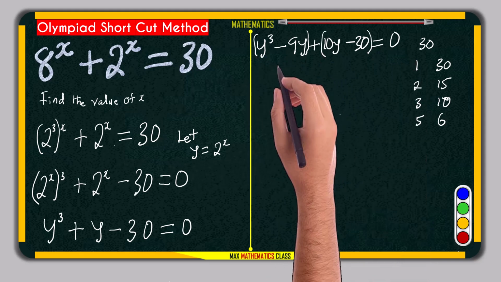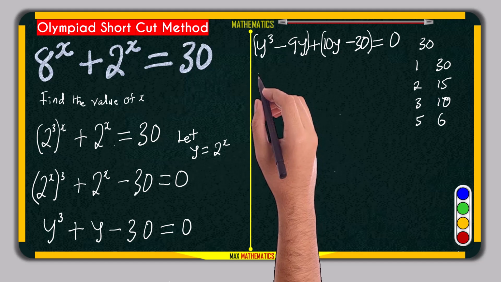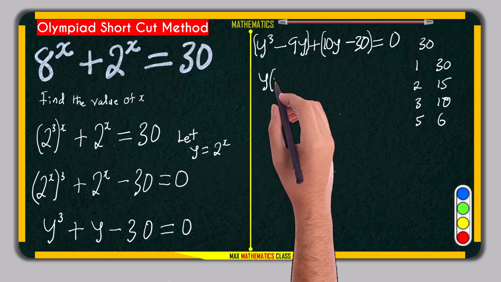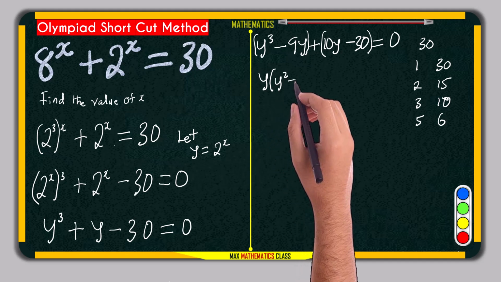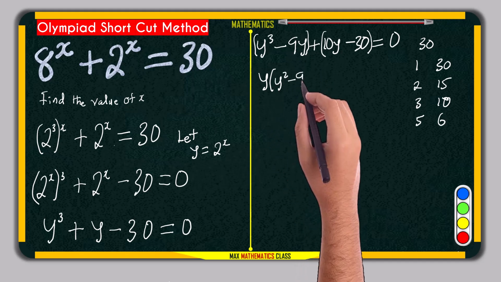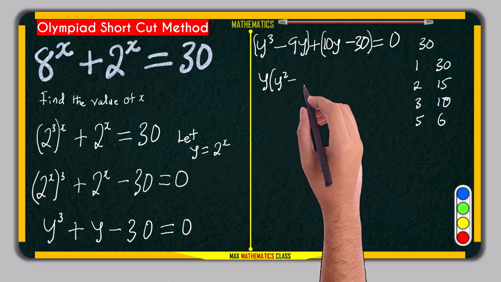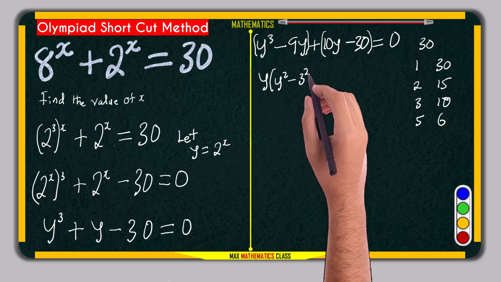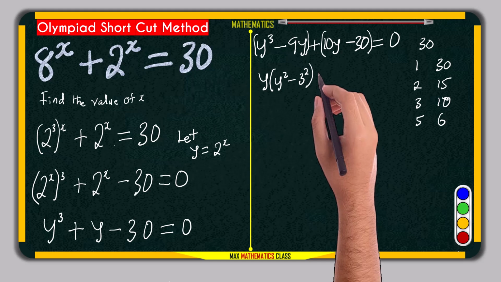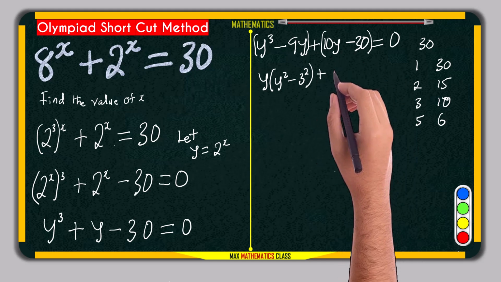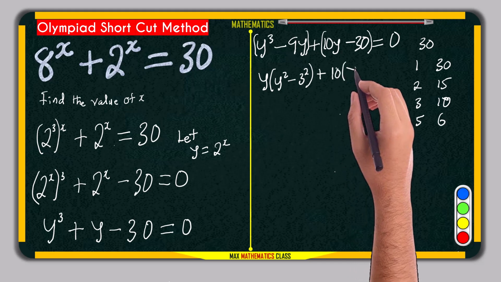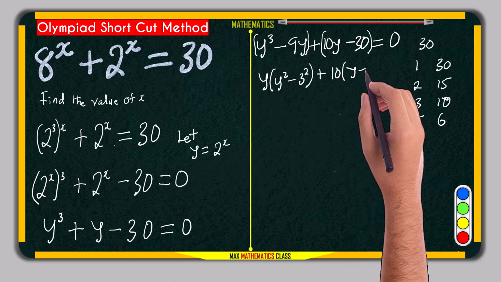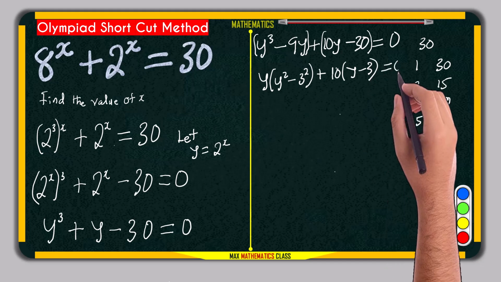Here, if you check this bracket, y is common, we bring it out. We have y squared minus 9. This 9, we can break it down to 3 raised to the power of 2, plus 10 is common here, so we bring it out. We are now left with y minus 3 and is equal to 0.